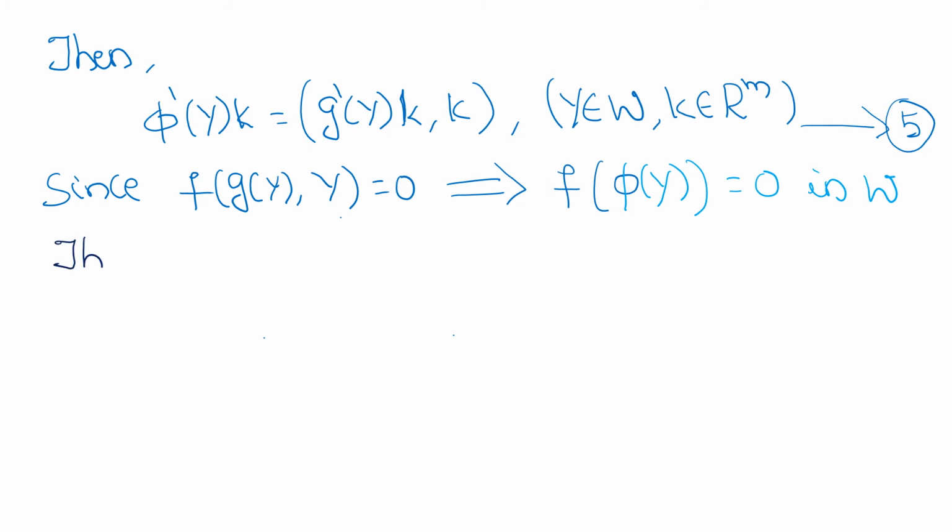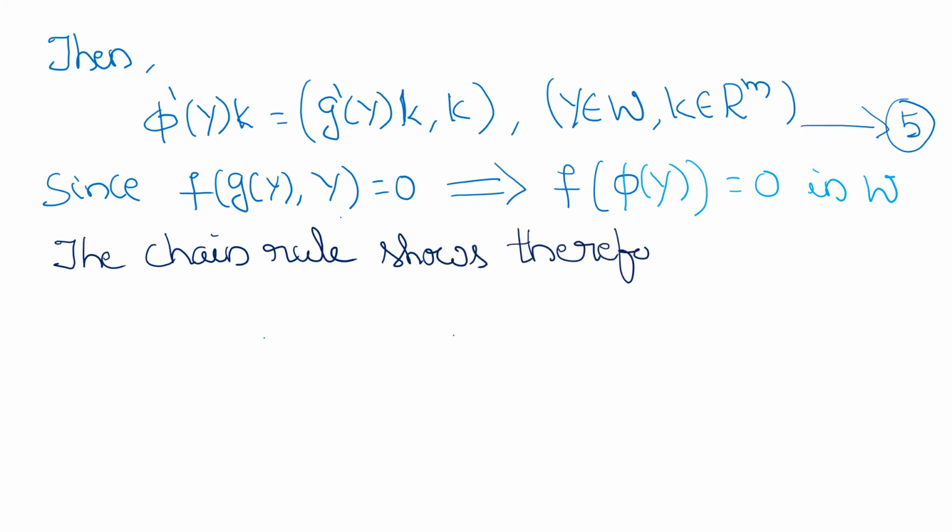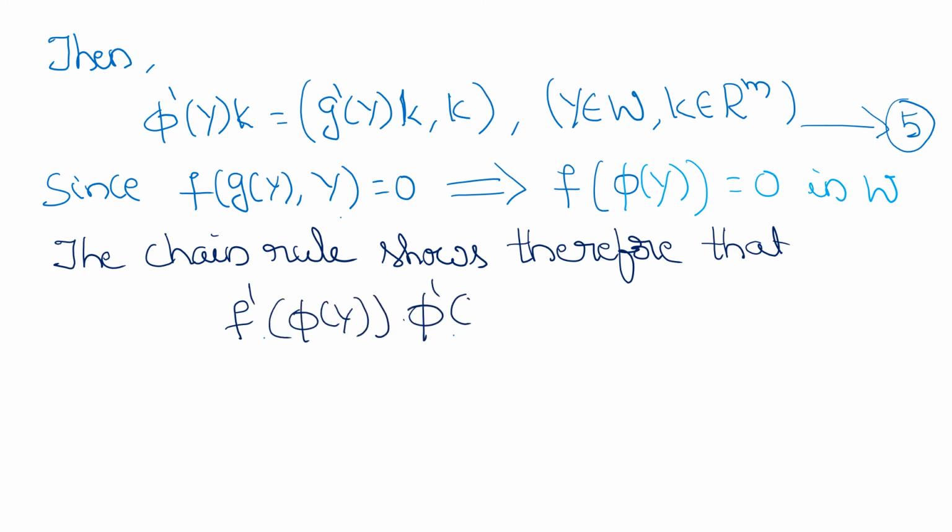The chain rule shows therefore that, how can you use the chain rule here? f'(phi(y)) into phi'(y) is equal to 0.